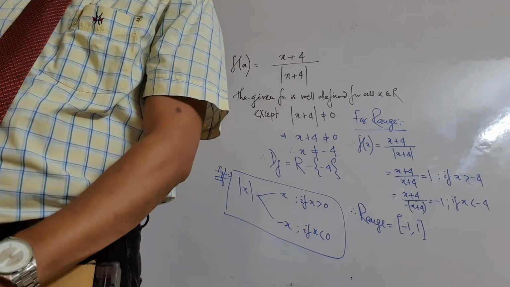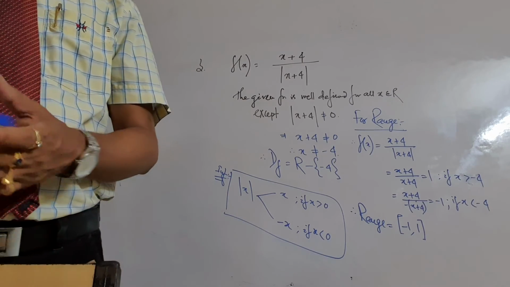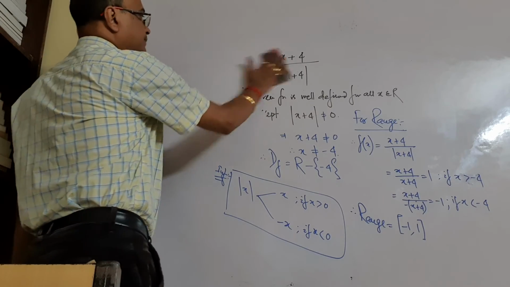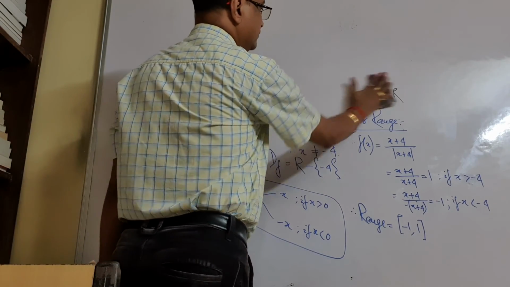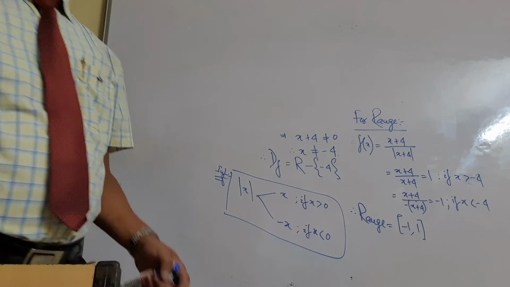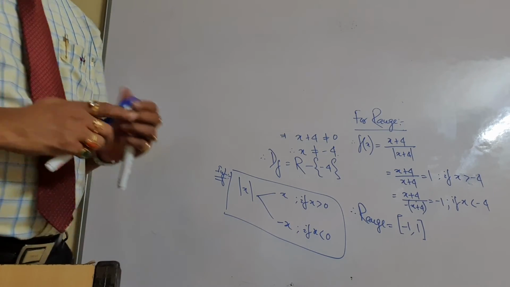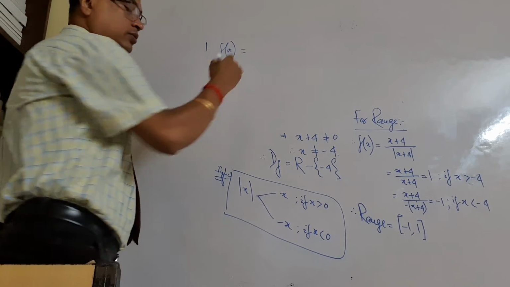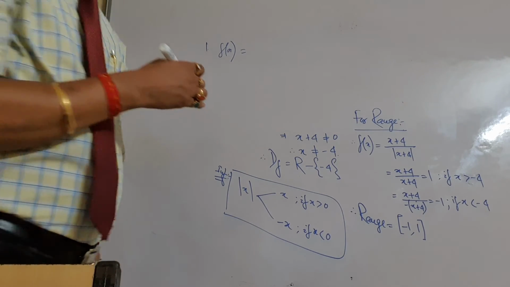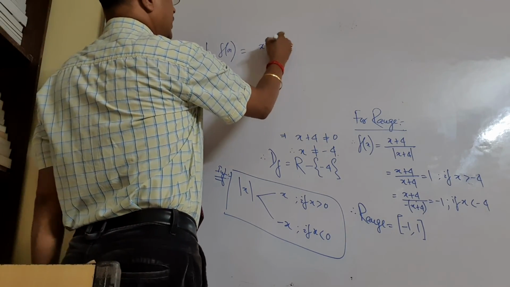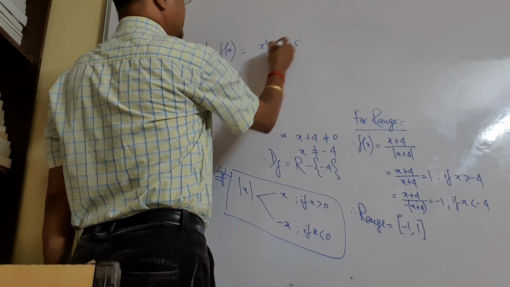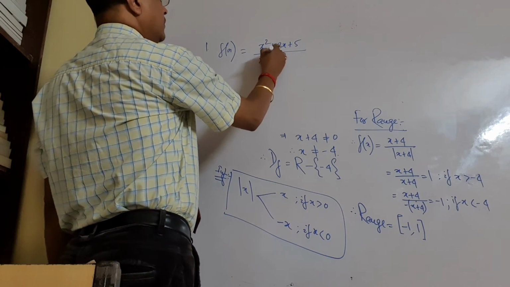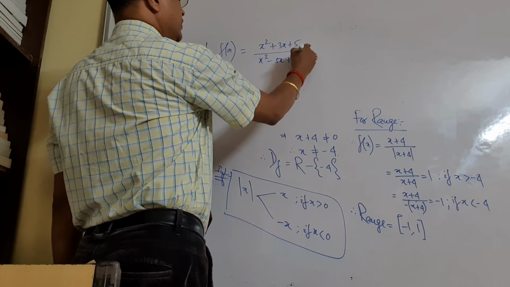Now you should be doing some questions. From my side I am giving you some questions, you should do them. Then you will get the idea. Number 1: f(x) equal to (x square plus 3x plus 5) by (x square minus 5x plus 4).